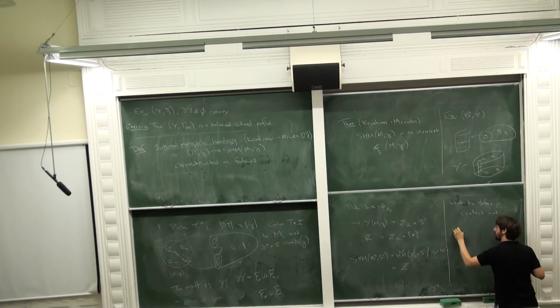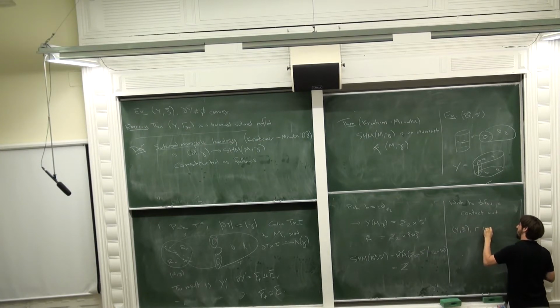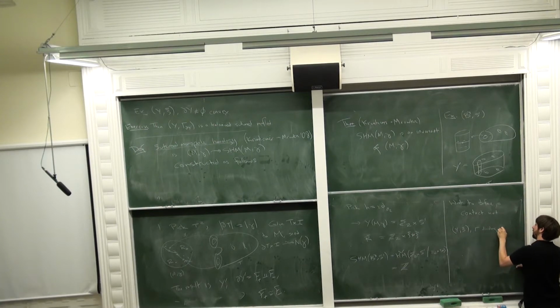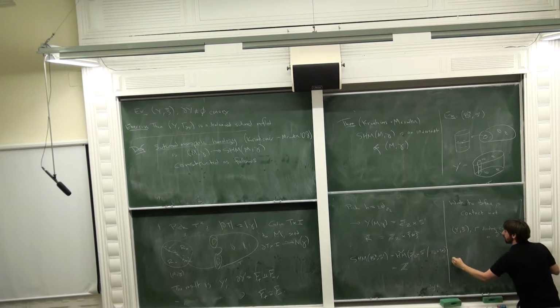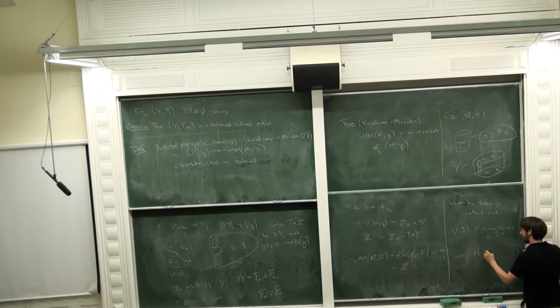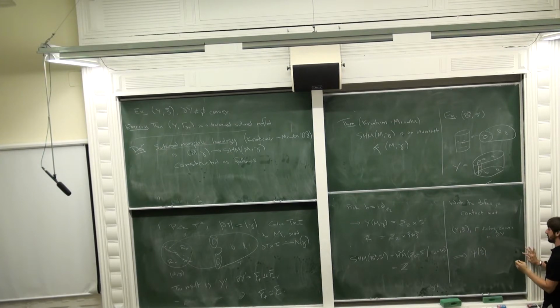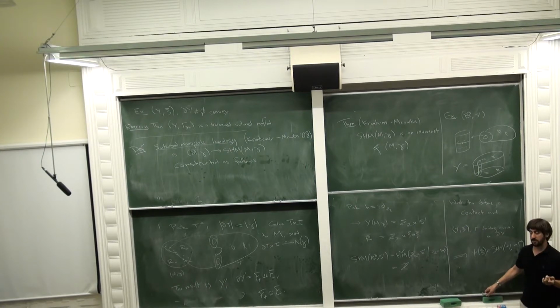Given a manifold Y with boundary and a contact structure with dividing curves gamma on the boundary, I want to associate some element, call it capital C, that lives inside the sutured monopole homology of minus Y, minus gamma. Just like the Heegaard Floer sutured contact element that I mentioned earlier, the Honda-Kazez-Matić one.